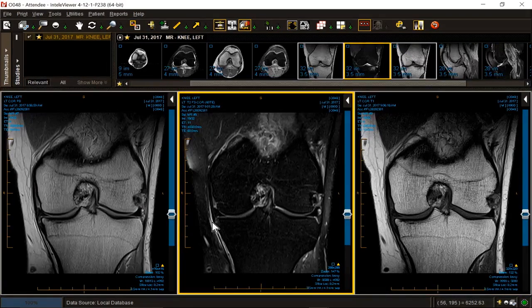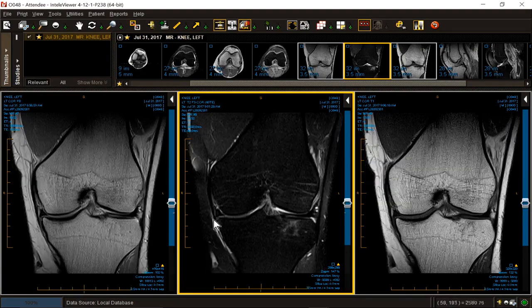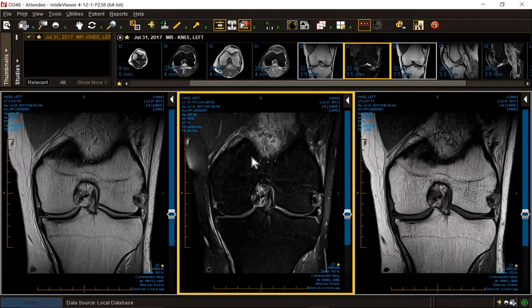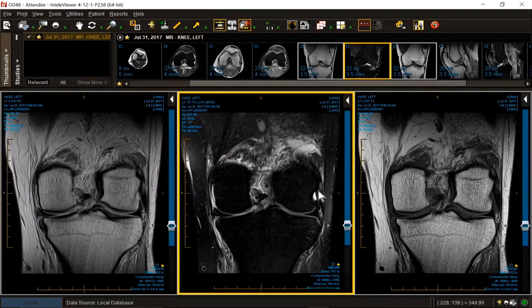MCL. Mild superficial swelling. Tibial collateral intact. Meniscofemoral attachments intact. See if we can see the POL. There it is. There's the posterior oblique ligament, the so-called ligament of Winslow, intact. Let's go to the lateral side, fibular collateral.